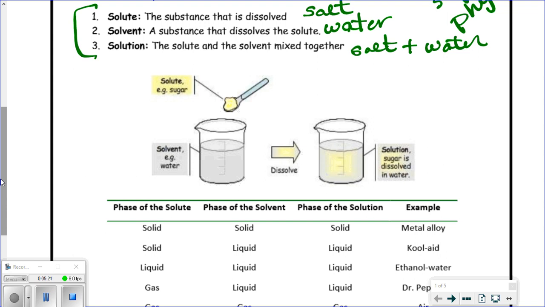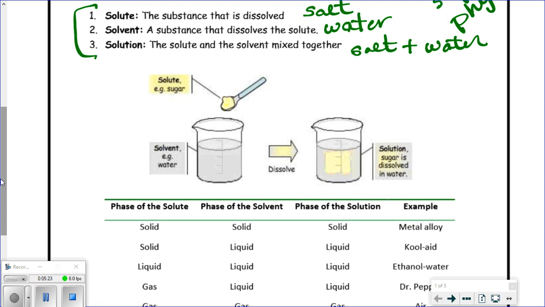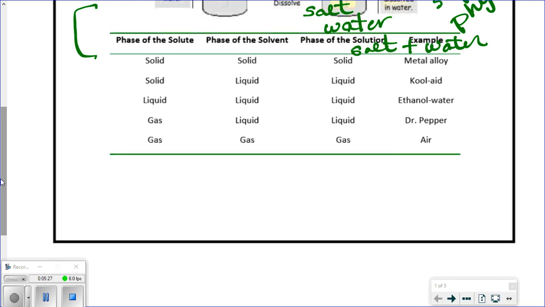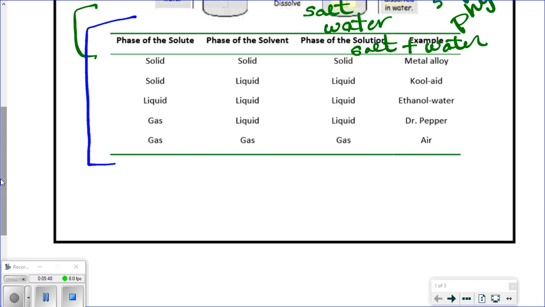Okay, so let's try this. I apologize because I am trying some new things with connecting my iPad here so you guys can actually see things a little bit better. If I go down here, I see the phase of the solute. You can see this little chart, and I'm going to change colors for a second since it's got green on it. So here is the chart.